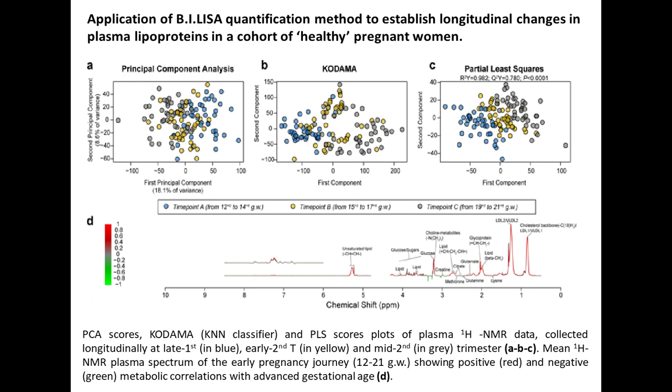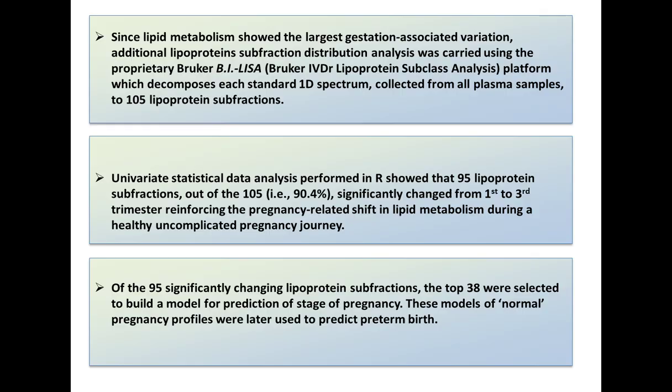So these are just the profiles, it's not the quantitative metabolites here, but you can see that between the first, second, and third trimester, colored in blue, yellow, and gray, you can see the separation between the trimesters. So as a woman goes through pregnancy, unsurprisingly, her plasma composition changes.